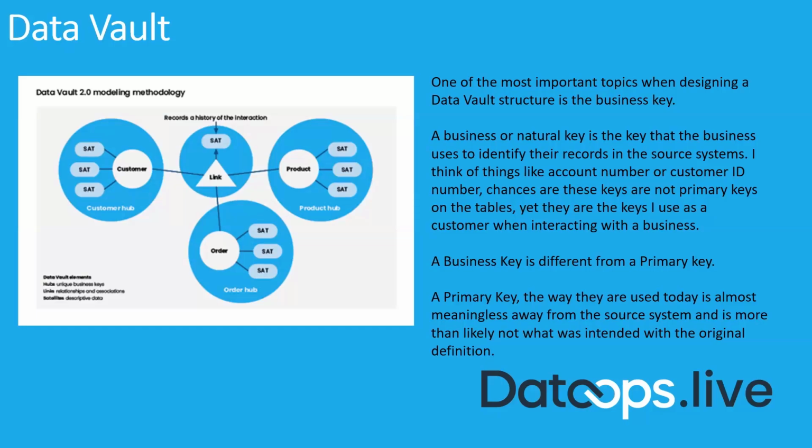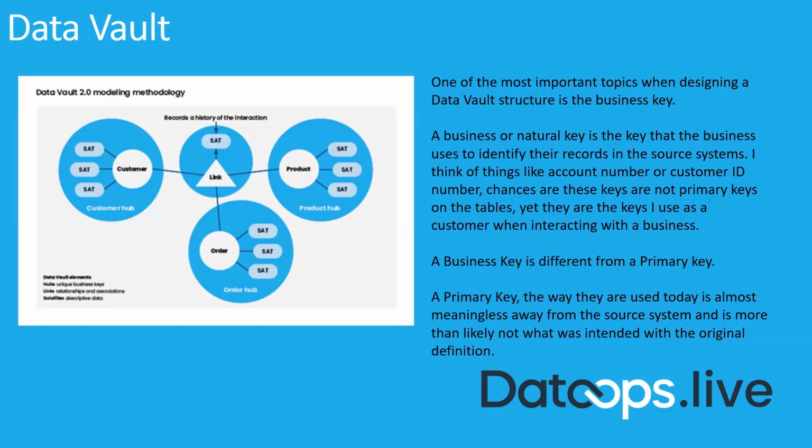So it could be an account ID, customer ID, all of that kind of stuff. Those are not necessarily structurally primary keys on the tables, on the relations that we saw defined earlier. And that's how it's different, because it can be exposed. Primary key may or may not be exposed.